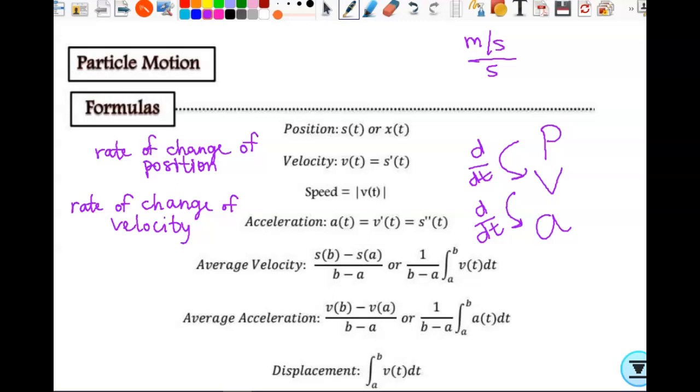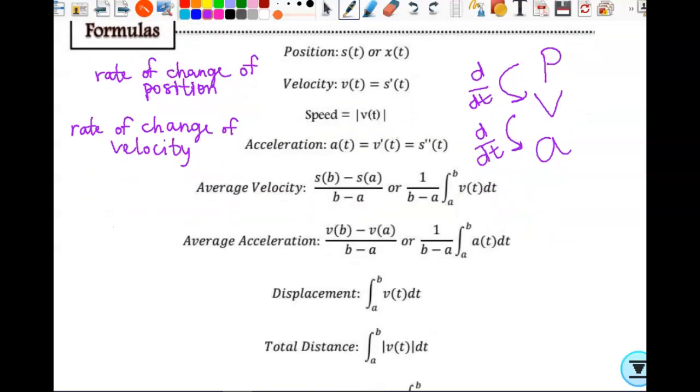All right, so look at the next one. Average velocity. We just spent some time on average value. Is that right? So if I'm going to use calculus to find average velocity, I can integrate velocity, divide by the width of the interval. Yes? But before we did that, we had this formula.